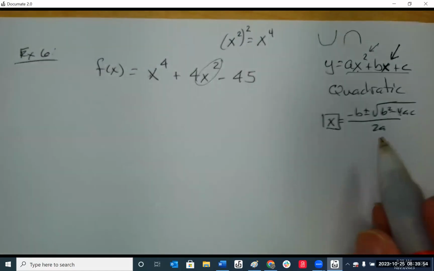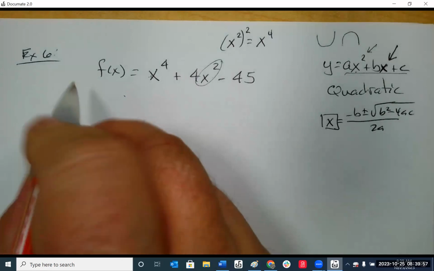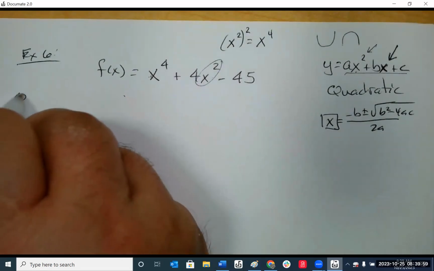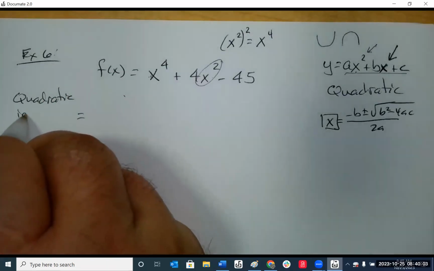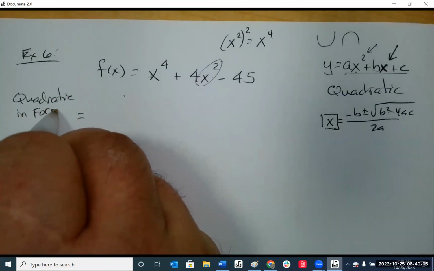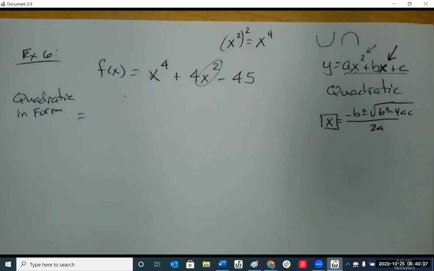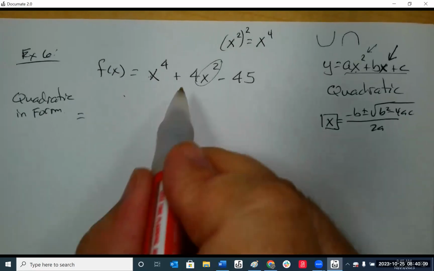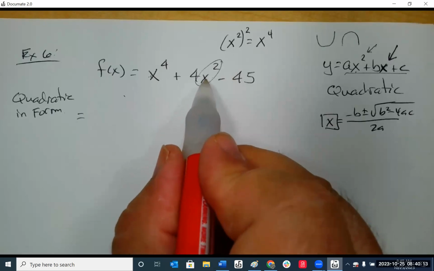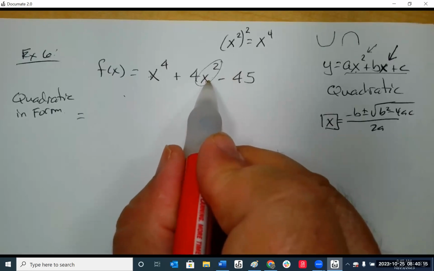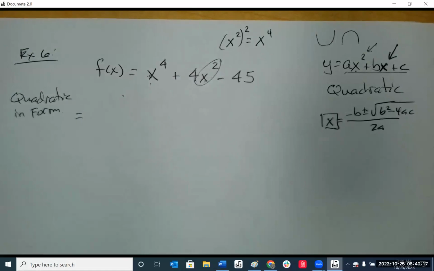So this equation is what's called quadratic in form, because it's a trinomial and the square of the middle one is equal to the first variable.